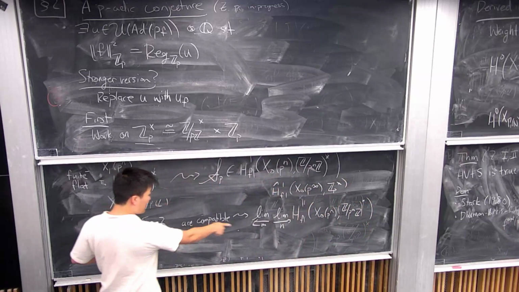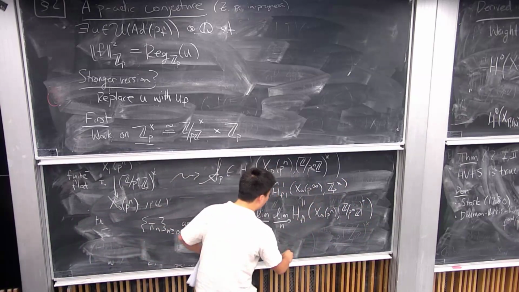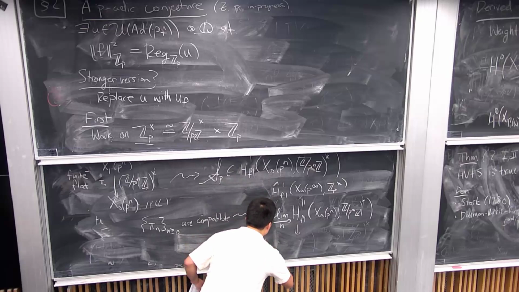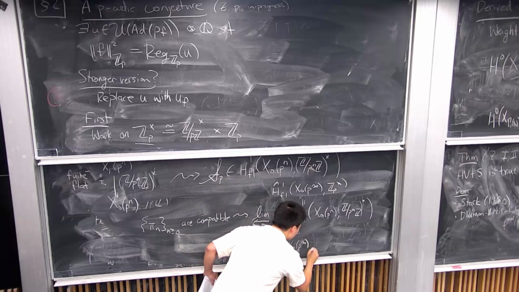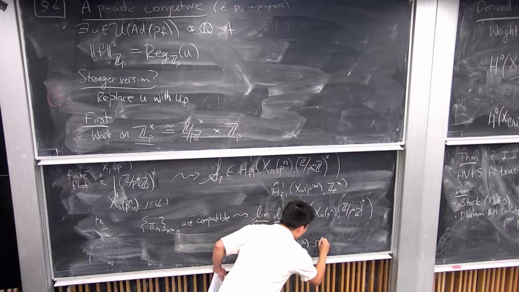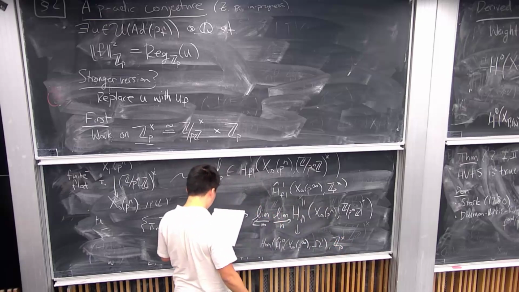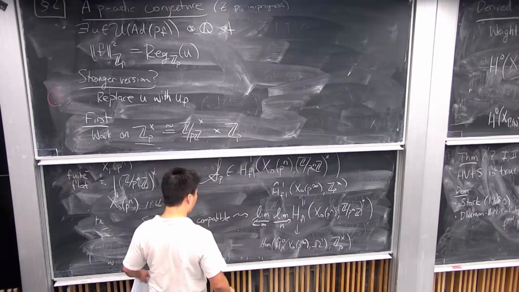So I get some class in here, and I can do the same maps I had before and Serre duality to view this as something in Hom of completed zeroth cohomology, Zariski, of X_0(p^∞), Ω^1, Z_p cross. Oh, sorry, I skipped this step. So I can do this, but actually what I wanted to do was, no, I can't do this.